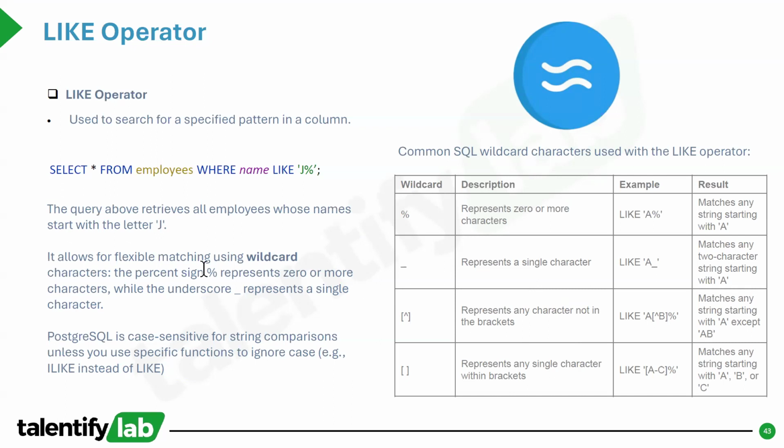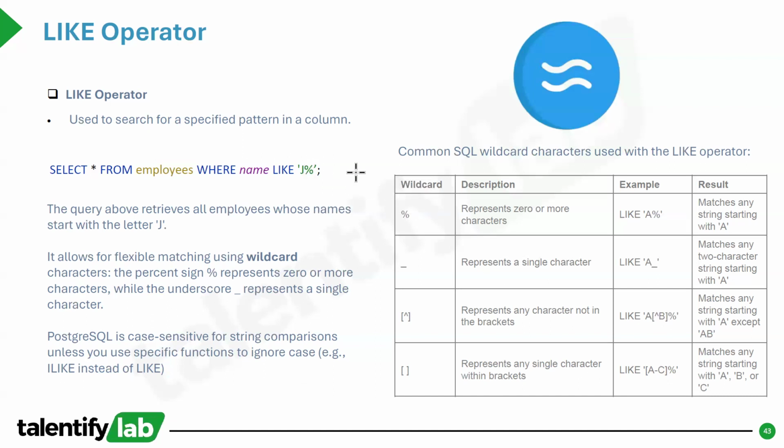Okay, let's see the like operator. Dear friends, the like operator, we are going to use wildcards in like operator. So give me everything from employees if it is like this one. Like this means the first character is uppercase J, it will follow 0 or more characters.